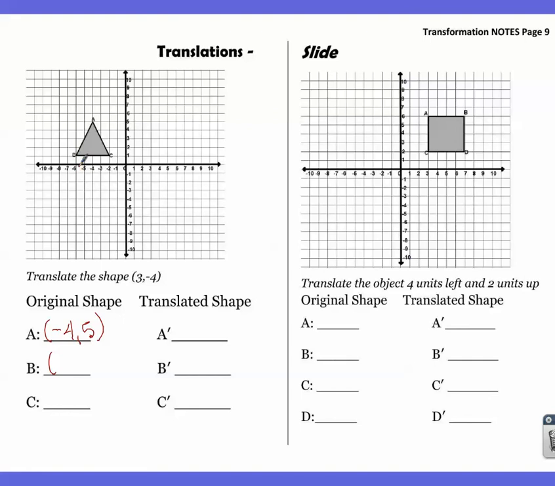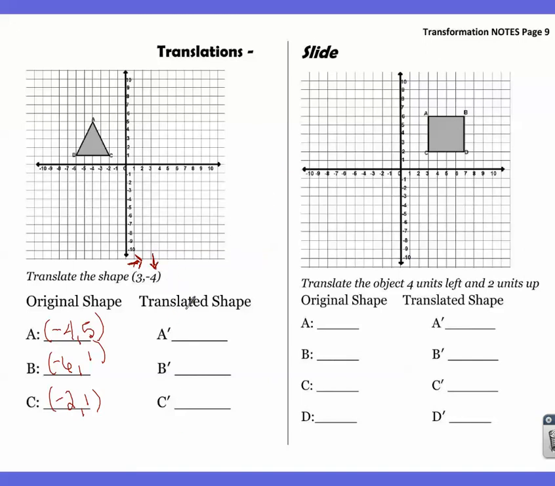Here's B, and that's at -6, 1. And then C, right here, is at -2, 1. So now if I translate it, 3 units to the right because it's positive, 4 units down because that's negative.